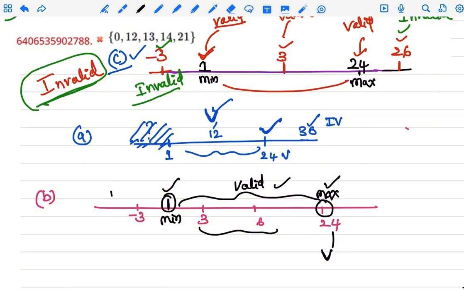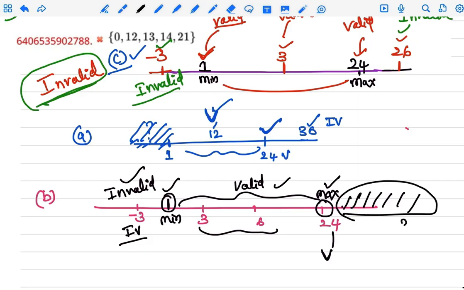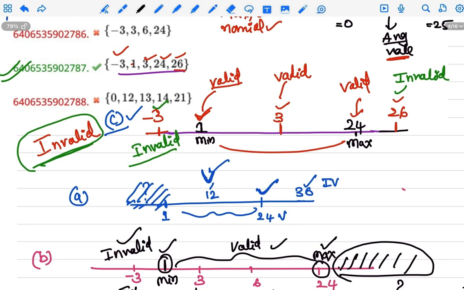Minus 3 is invalid, which is correct, but this invalid area is not covered. Because of that, this answer is incorrect.